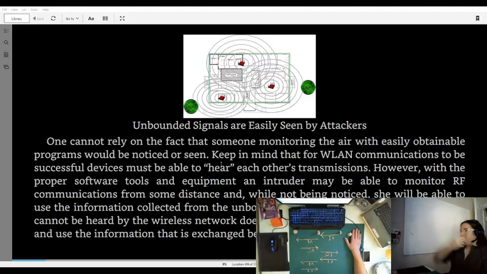One cannot rely on the fact that someone monitoring the air with easily obtainable programs would be noticed or seen. Keep in mind that for WLAN communications to be successful, devices must be able to hear each other's transmissions. However, with the proper software, tools, and equipment, an intruder may be able to monitor RF communications from a distance and without being noticed.